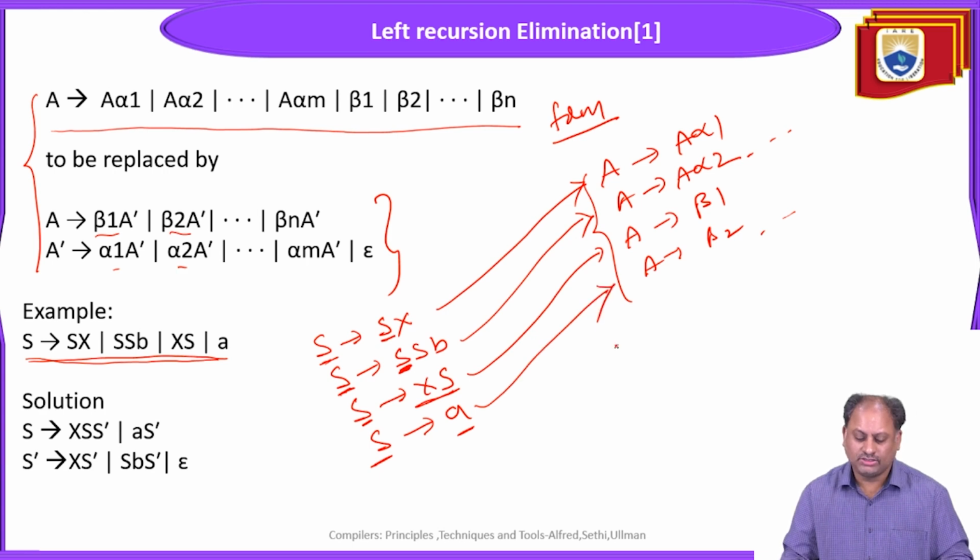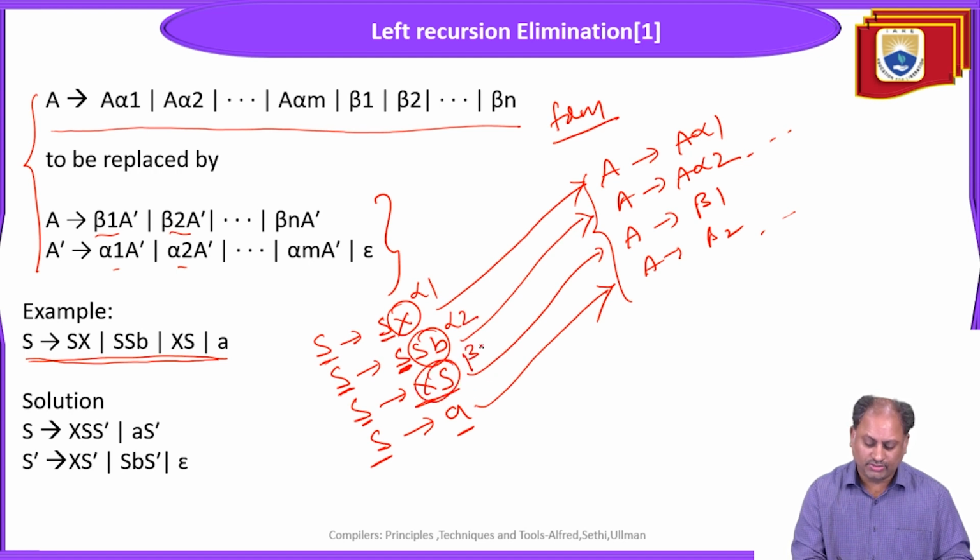So in these cases, alpha 1 is x, and then alpha 2, and this entire one is beta 1, and this comes to be beta 2. Now if you apply the formulation, that is A derives beta 1 A dash, and A derives beta 2 A dash.